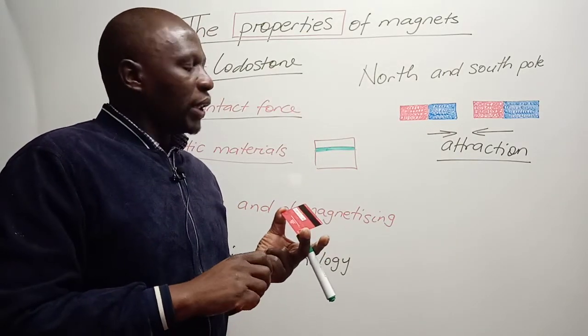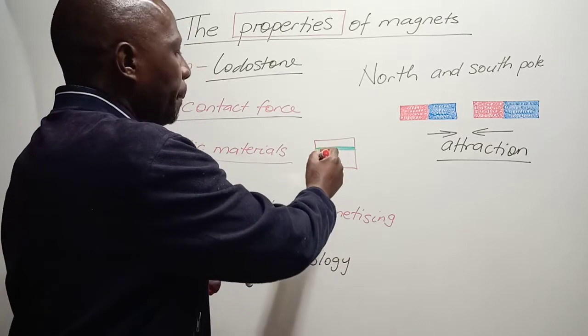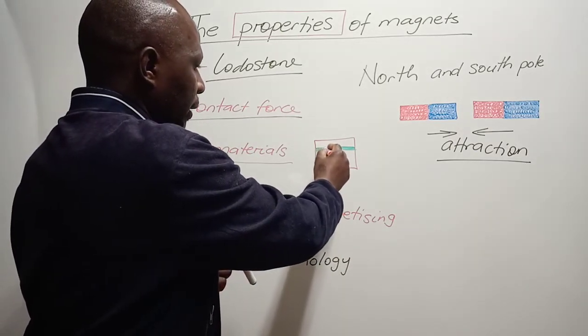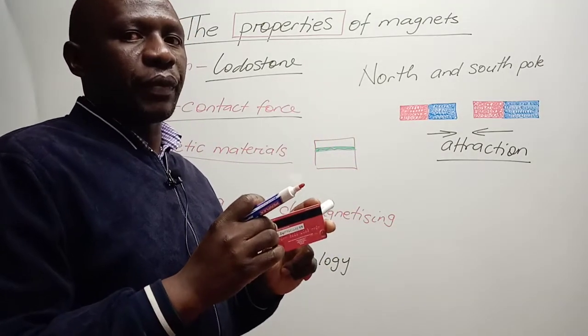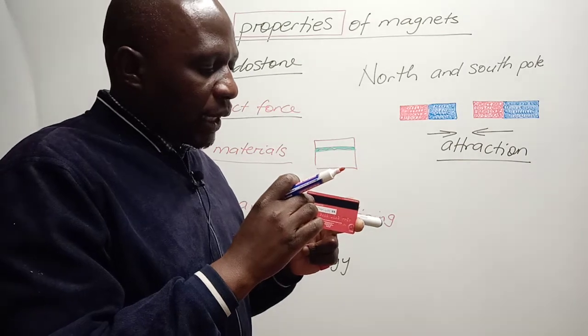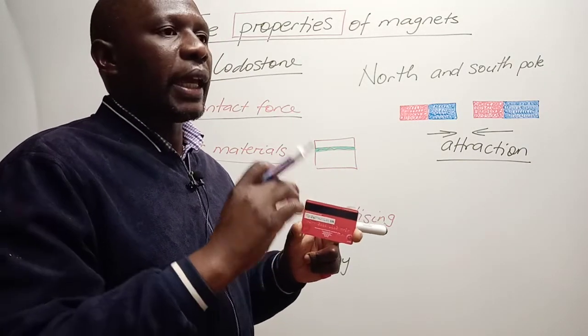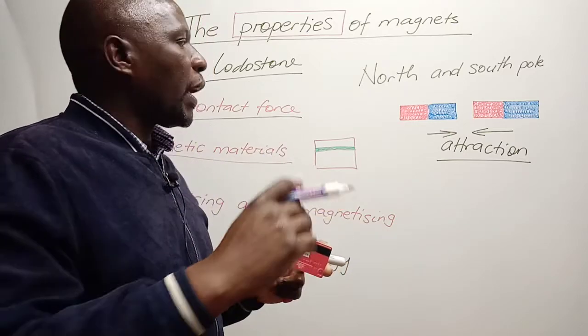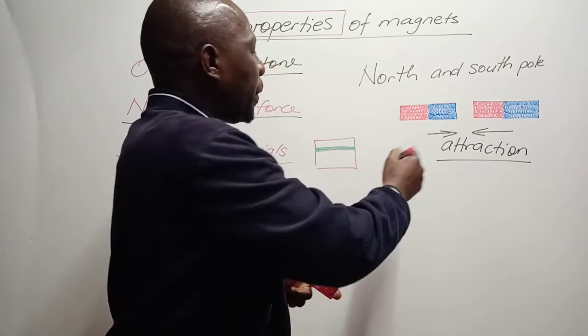So what the banks do is that they put a pattern on this ATM card. So the magnet in this ATM card, this black part, has got a pattern, and that pattern is linked to your PIN number.